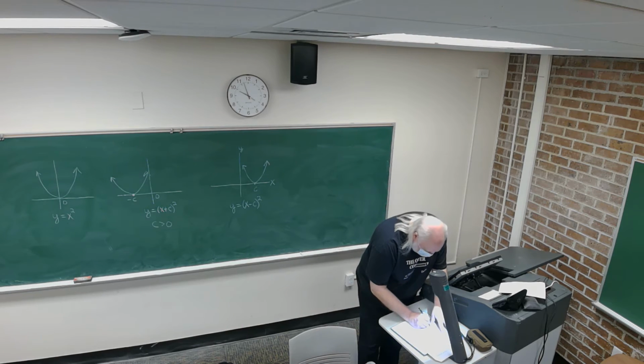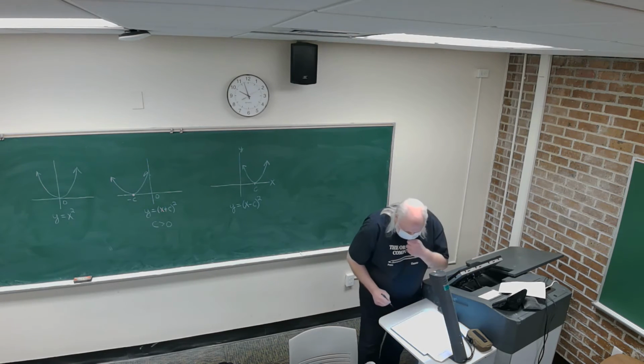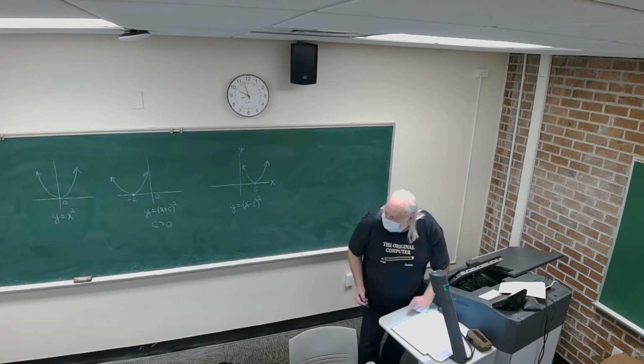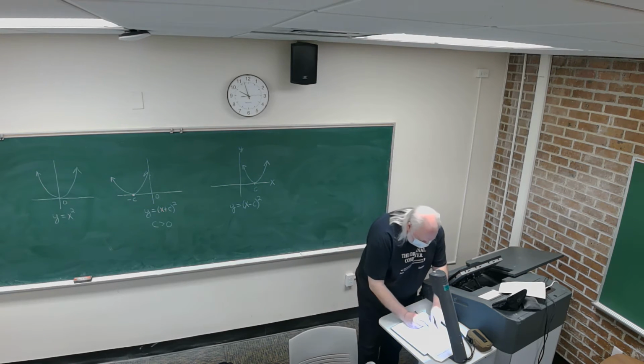-4, -6, -3, 0, -2, 2, 0, 0, 1, -1, 2, 0, 3, 4. So what happens when we flip this thing over the x-axis is that the sign of the y-coordinates change.